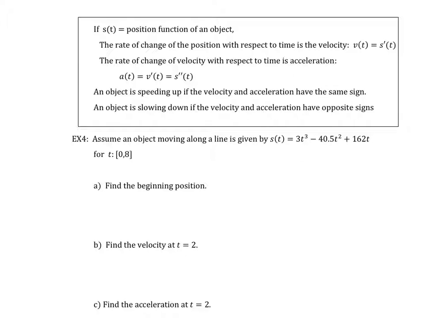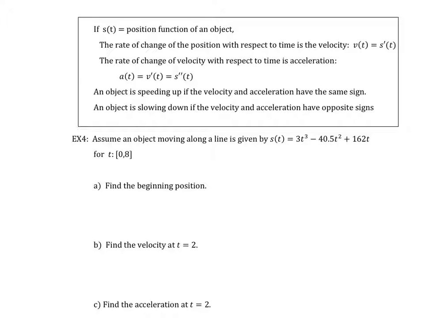You know, if you're talking about your distance from your house, well, the rate of change of that distance is like miles per hour. So it's the change in distance over time. So the rate of change of position is velocity. And then the rate of change of velocity with respect to time is acceleration.